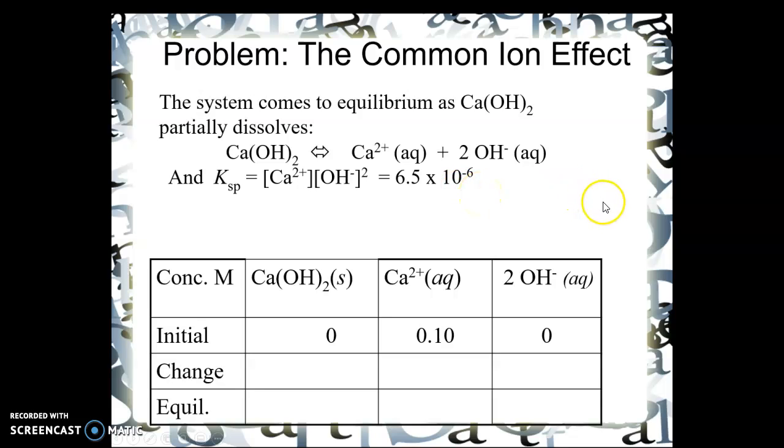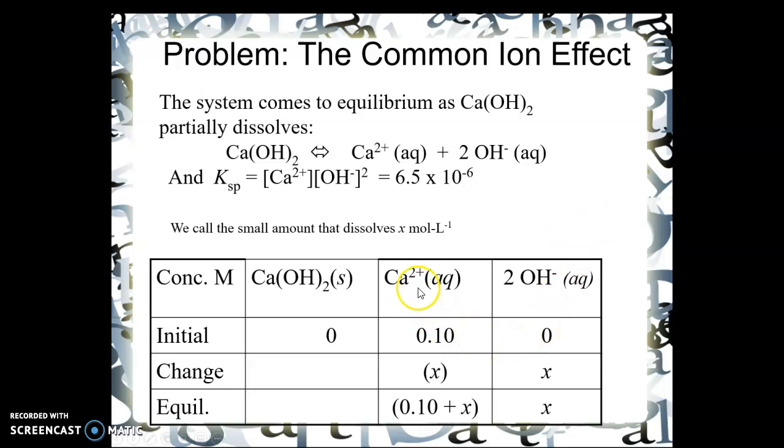All right. Well, is the calcium from the calcium nitrate going to go down or up much? Well, we've got a pretty small solubility of the calcium hydroxide. So I'm going to guess and assume that the calcium in equilibrium is still 0.1 molar. And we'll call the small amount that dissolves X.